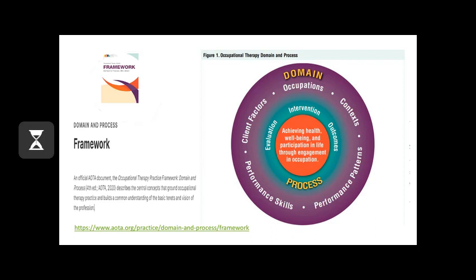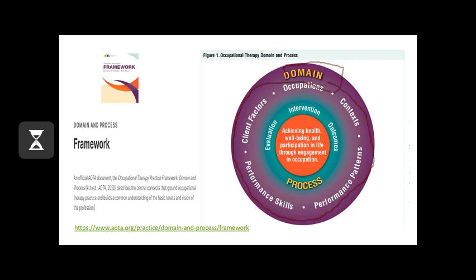So it tells us what our domain is. Our domain is the areas we look at. We look at occupations, we look at context, we look at performance patterns, performance skills, and client factors. This is our domain. The process is how we provide services.